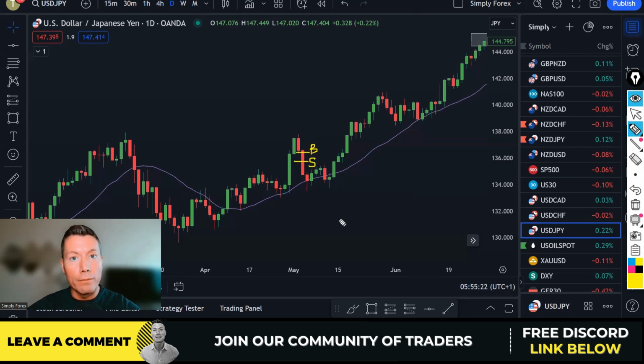Just have the confidence and know that most of the time it will eventually come back up to these last highs. So in here, you're going to have lots of opportunities to close this sell trade. You can find a good level for that. We're not going to go into that today. I just want to show you the simplicity of this price action and finding the last daily high.